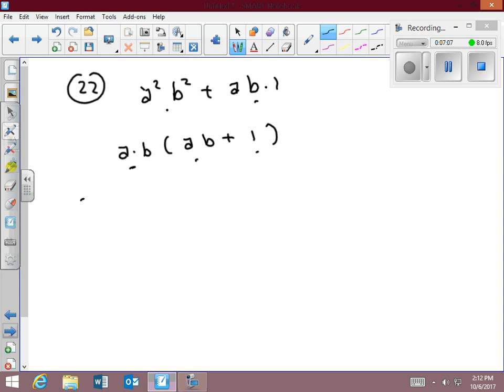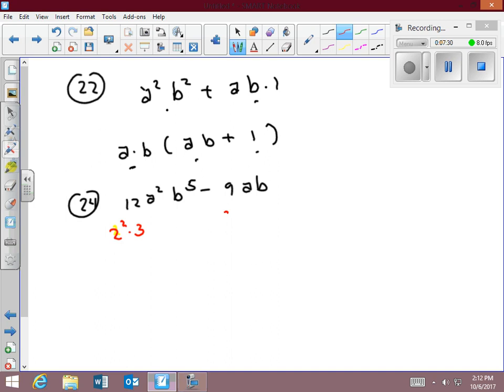I'll do 24. It says 12a squared b to the fifth minus 9ab. Now I'm going to take that 12 and I'm prime factoring. It's 2 squared times 3 because it's 4 times 3, isn't it?